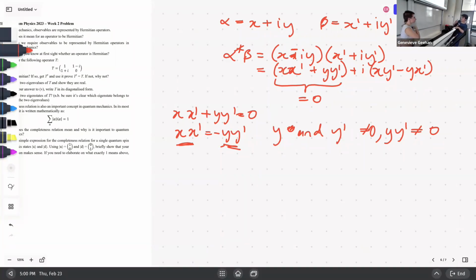Hey. Yes. About what, sorry? Say it again. Yeah. Non-Hermitian matrix, two real eigenvalues.